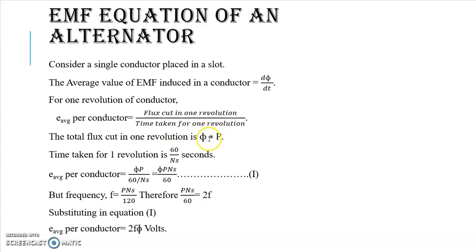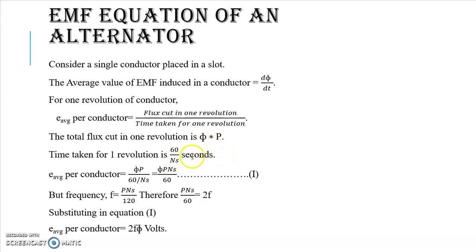Now this phi is the flux produced per conductor. So the total flux cut in one revolution is phi into the number of poles P, and the time taken for one revolution is 60 upon Ns seconds.